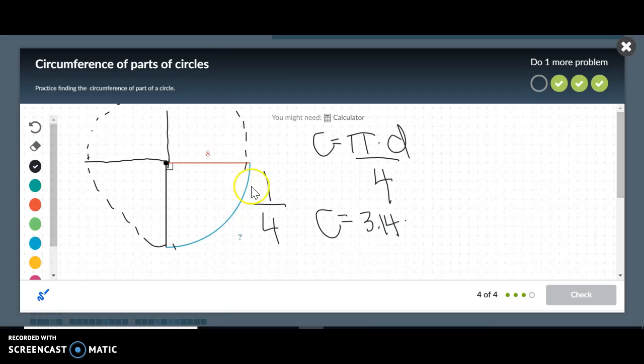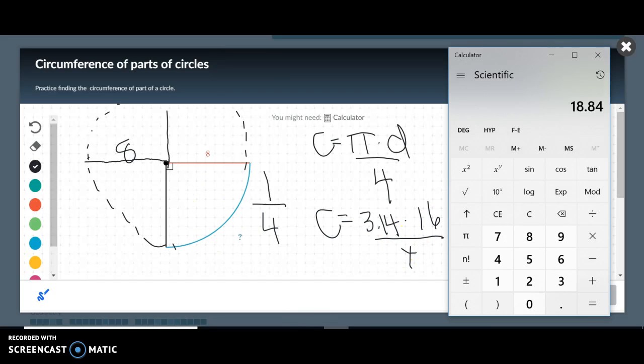Don't make the mistake of putting 8 here, because it's not 8. We're looking for the whole kit and caboodle, right? We're looking for 8 and 8. We're looking for a diameter of 16. So we're going to put a 16 here, and then we're going to divide the whole thing by 4. So pi times the diameter divided by 4 will give me this piece right here.